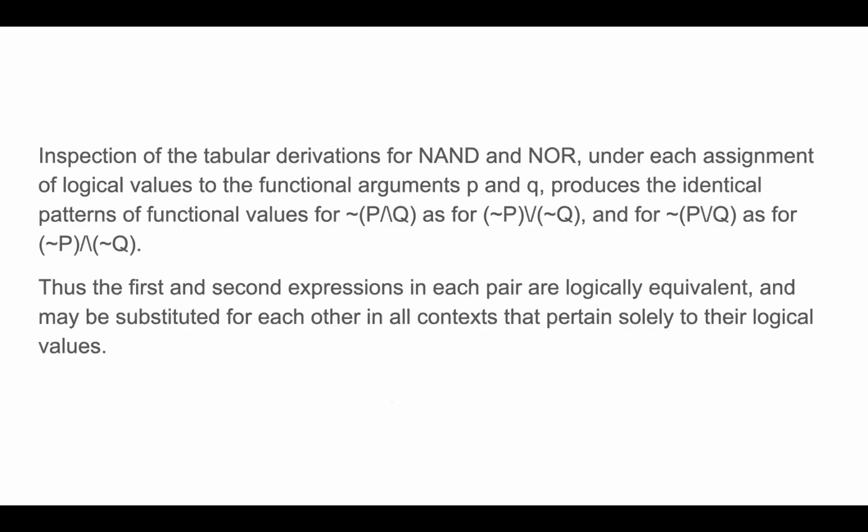Inspection of the tabular derivations for NAND and NOR shows that under each assignment of logical values to the functional arguments P and Q, the identical patterns of functional values are produced for negation of (P and Q) as for negation P or negation Q, and for negation of (P or Q) as for negation P and negation Q. Thus, the first and second expressions in each pair are logically equivalent and may be substituted for each other in all contexts that pertain solely to their logical values.